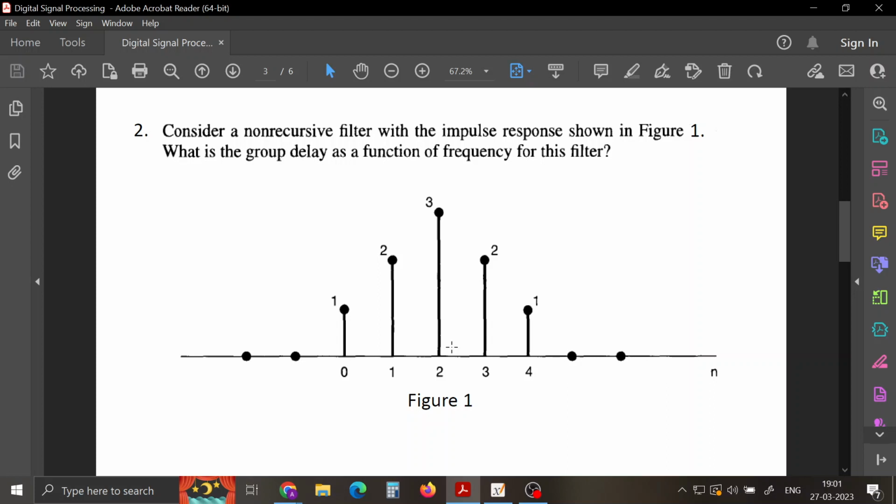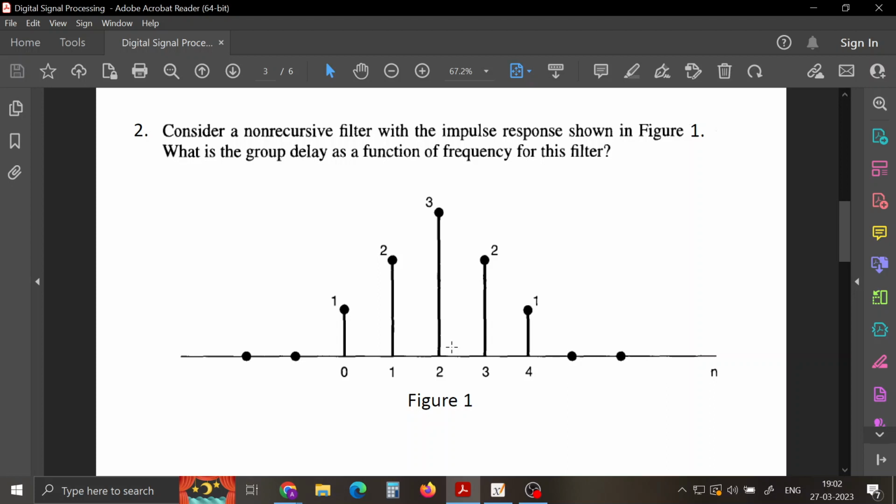Now you don't need to worry about non-recursive filter, that's just a term used here, nothing to do with how we solve the problem. Non-recursive means usually when we have a feedback, when the delayed output is fed back to the system, like y of n equals x of n plus x of n minus 1 plus y of n minus 1.